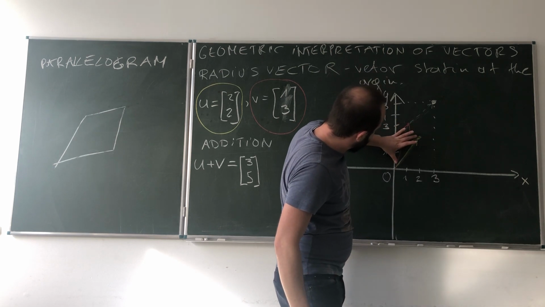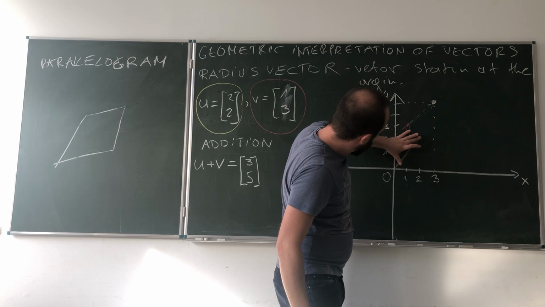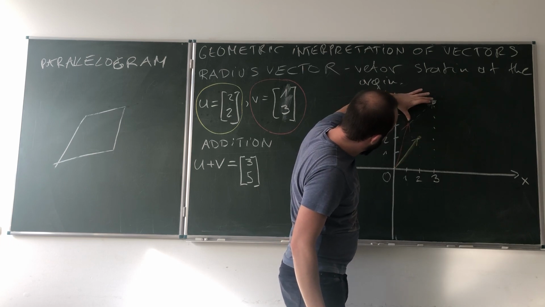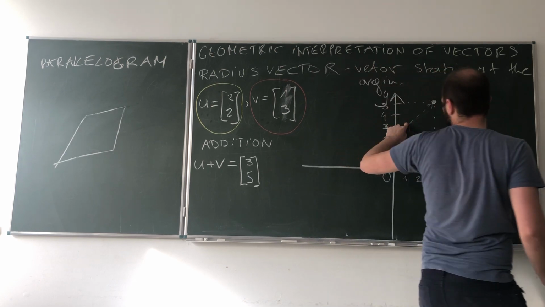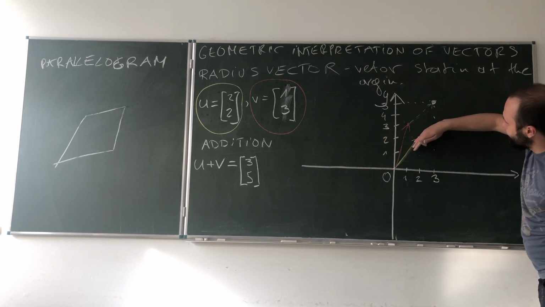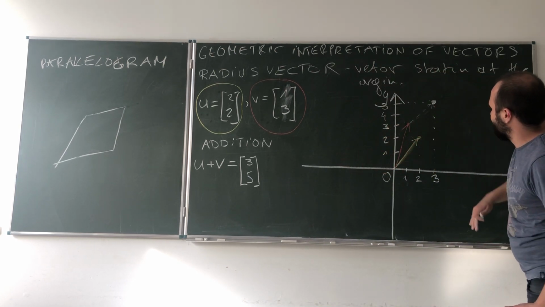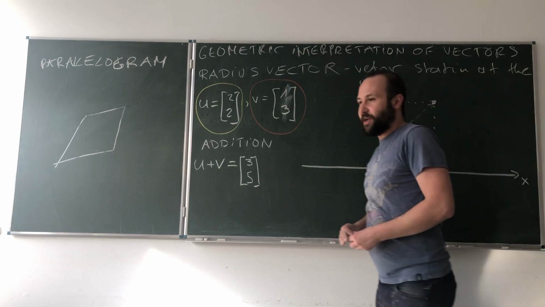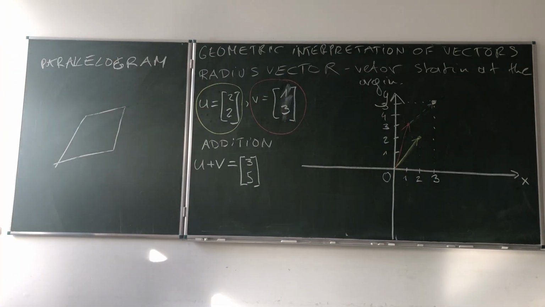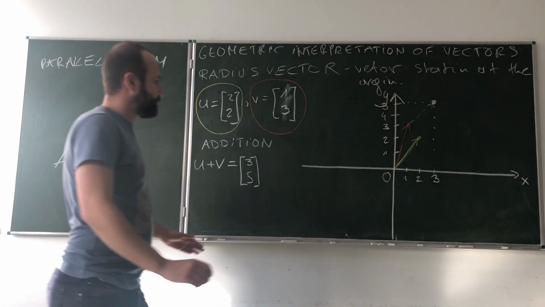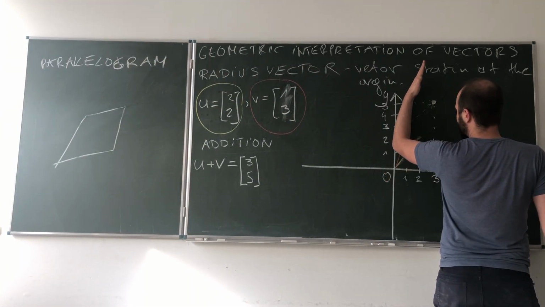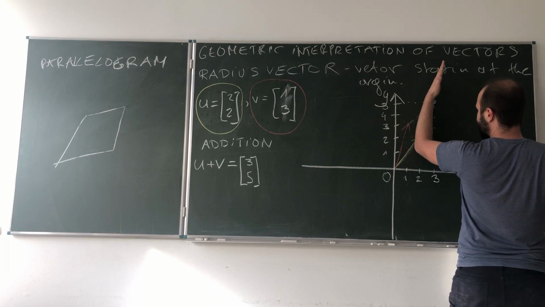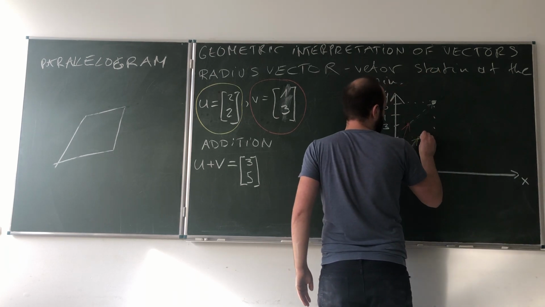So I will take the same vector as you see over here, and I will put it over here, starting at this point, but of course with the same angle as over here. Then I could do the same thing for the other vector. Now I would take this vector, move it over here, and try to slide it until this point.